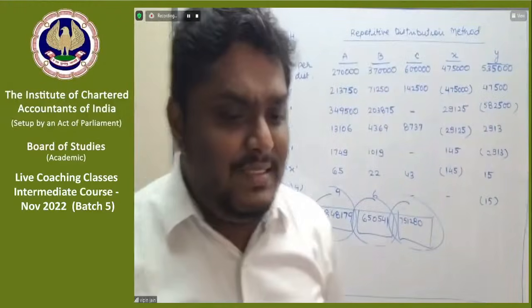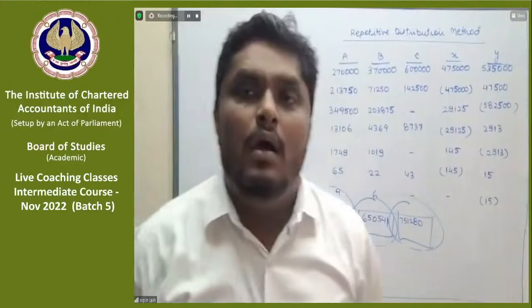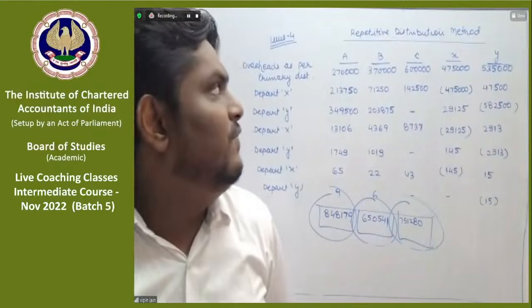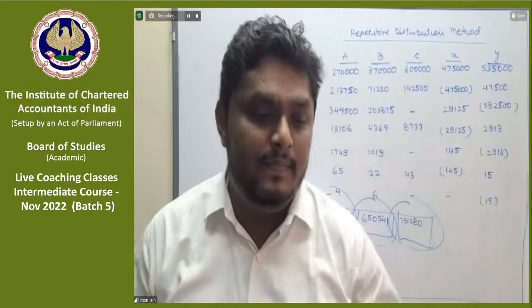As far as weightage is concerned, approximately 6 to 8 marks question the examiner can ask for repetitive distribution method.